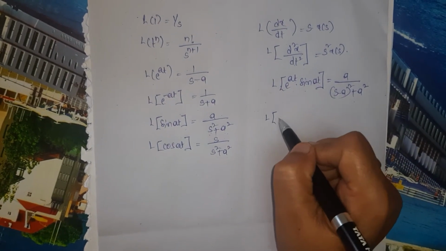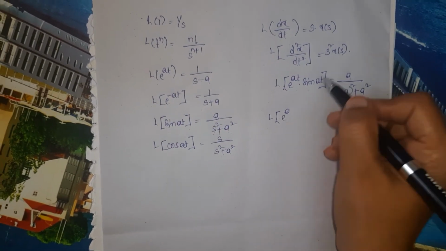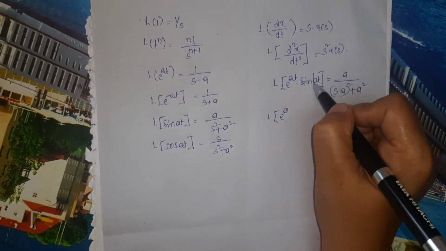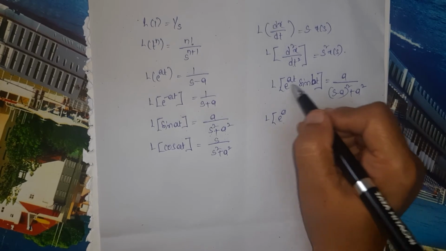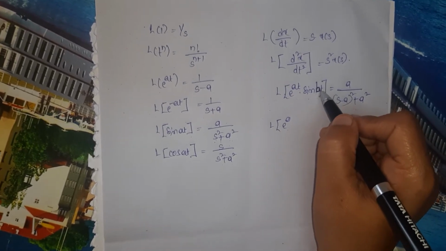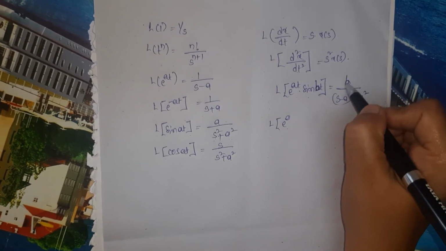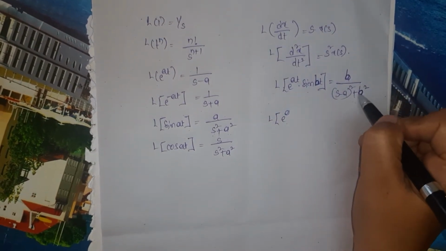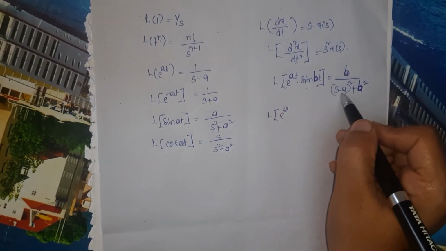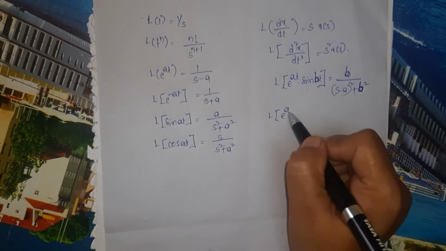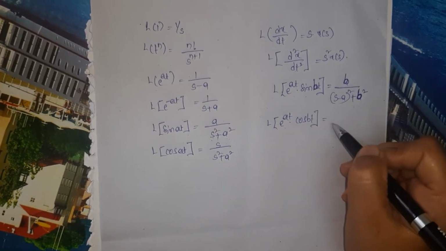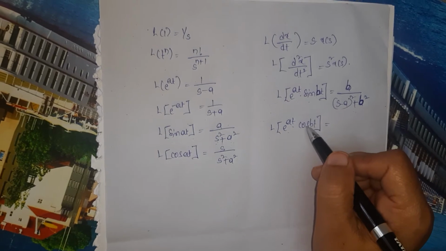Similarly, here you have to consider e power at into sin bt, because you can't take two of the same variables. If sin bt is there, it is b by s square plus b square, and with e power at, instead of s you have to write s minus a. Similarly, Laplace transform of e power at into cos bt. What is the cos bt formula?